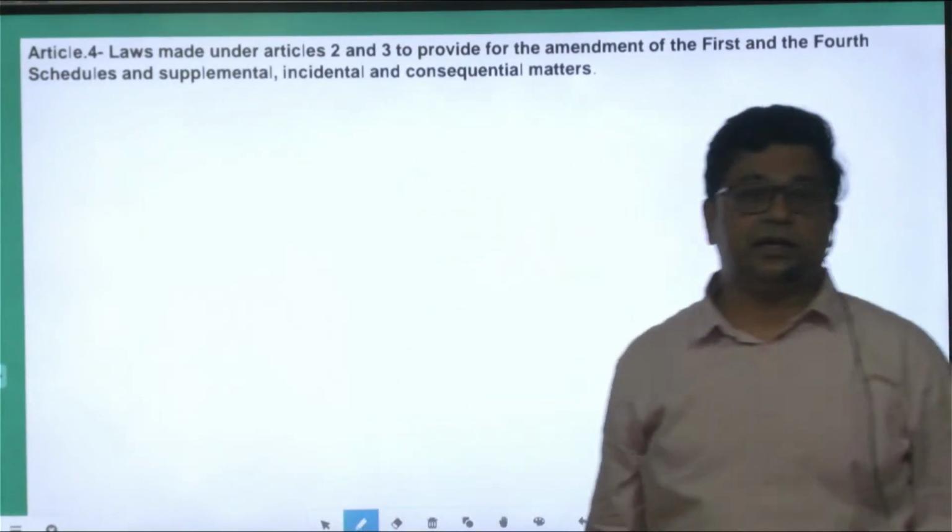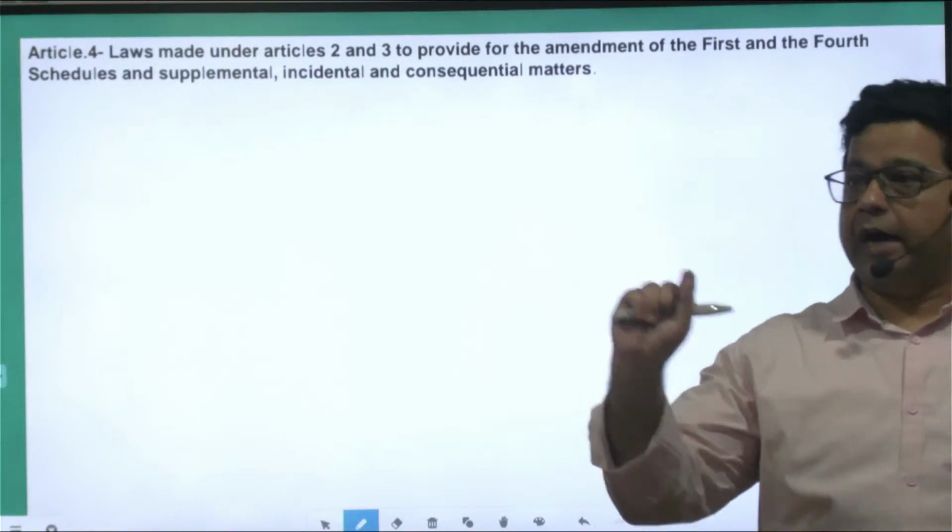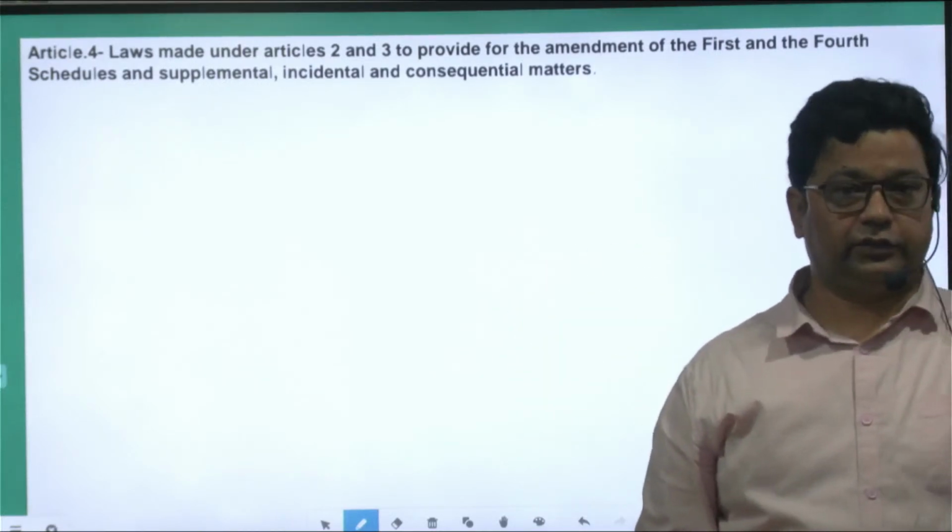The next is Article 4 of the Constitution. So Article 4 says two things.